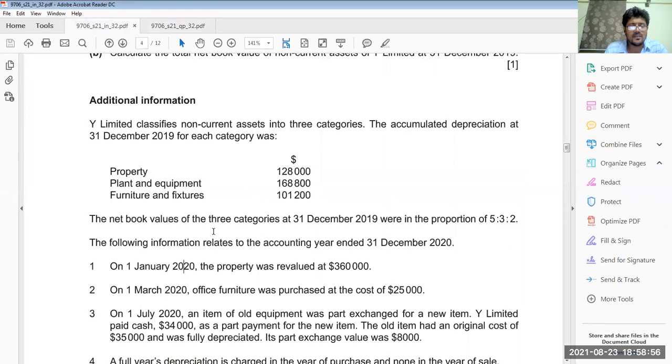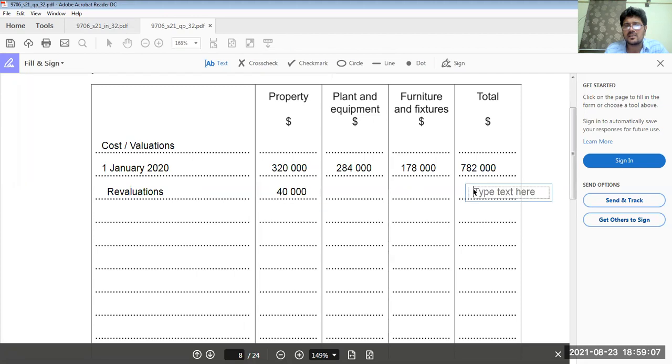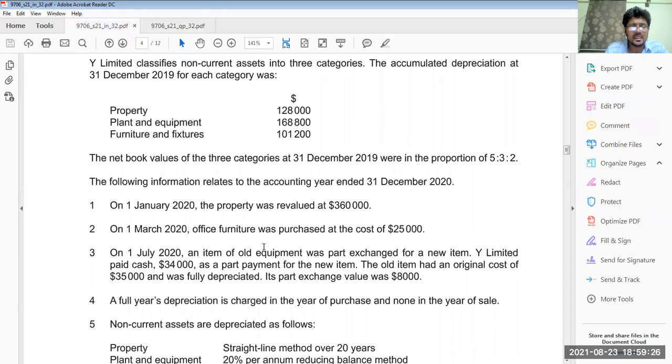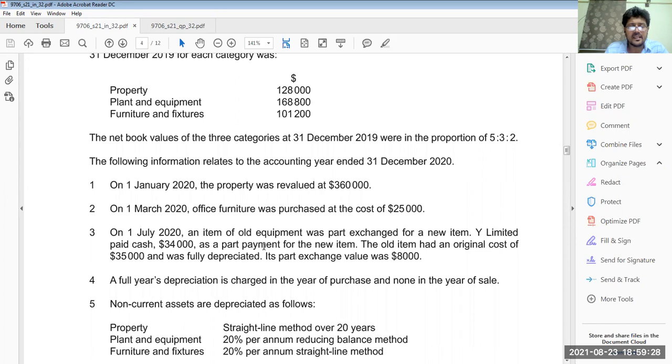Next, on 1st March, office furniture was purchased for $25,000. And there is no revaluation for it. We have purchased it, so see, additions: furniture 25,000. Okay. And what about any other addition? The old equipment was 35,000.